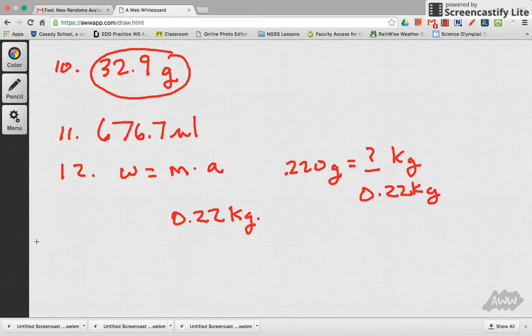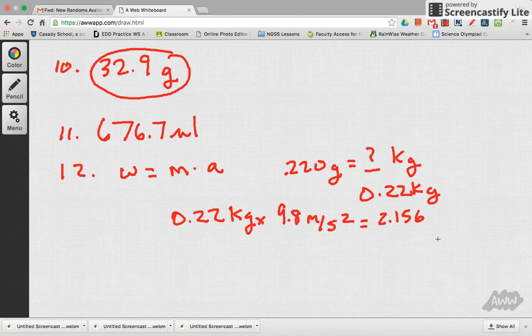So we were on number 12. We are accelerating the wooden block because of the acceleration due to gravity on Earth, and that is 9.8 meters per second squared. That is something you have to know for the final. You have to know that number. And when you multiply those two together, you get 2.156.